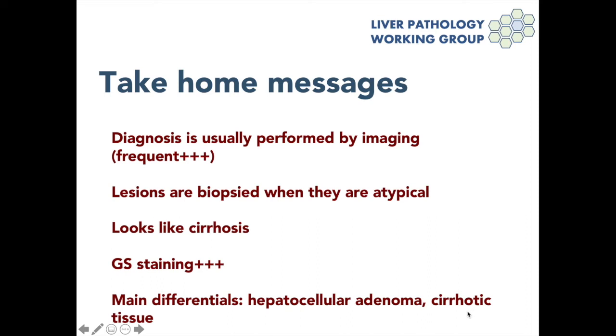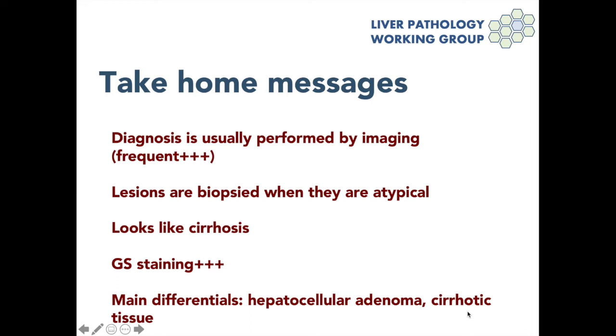From the pathological point of view, you have to remember that it looks like cirrhotic tissue, with these hepatocellular nodules, the fibrotic bands, and also ductular reaction and inflammatory infiltrates. The key point for the diagnosis is the GS staining with this map-like staining that you don't see in other tumors or other diseases.